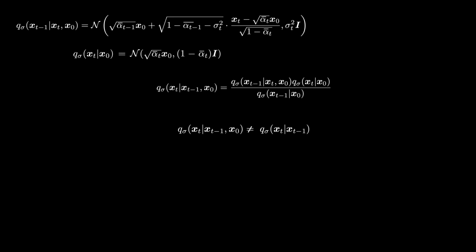Now here we have formulations for all distributions on the right hand side, all of which are Gaussian. And once we go through the process of getting the expression of q of xt given xt minus 1 and x0, we'll see that we can't get rid of x0 terms. Meaning, unlike DDPM, we can't say that q of xt given xt minus 1 is independent of x0.